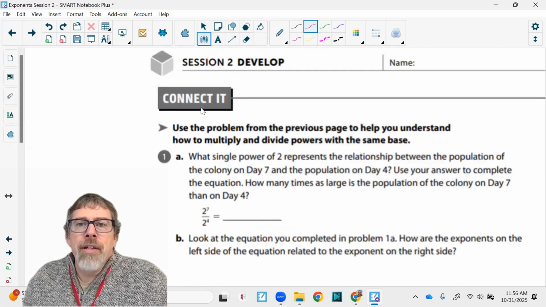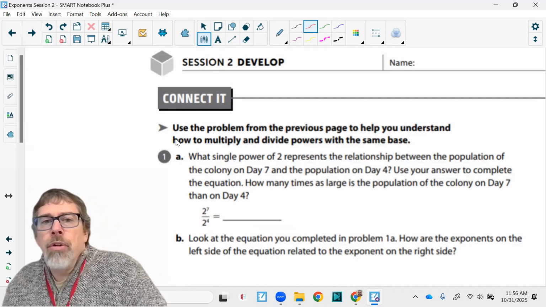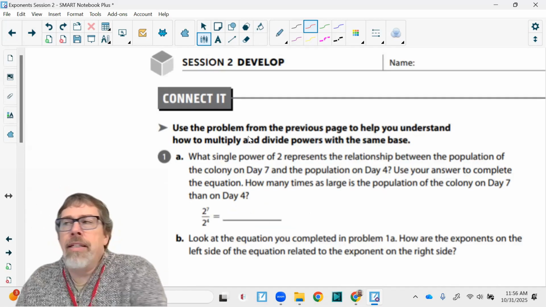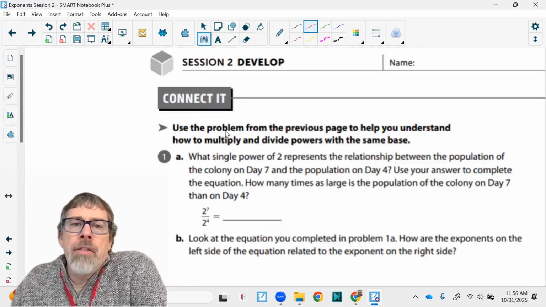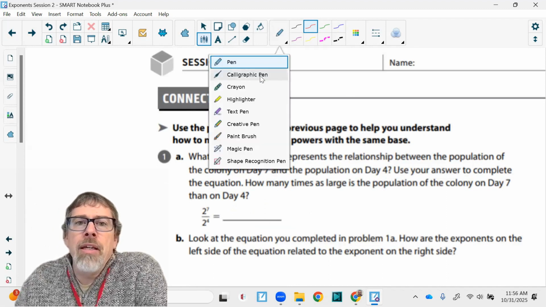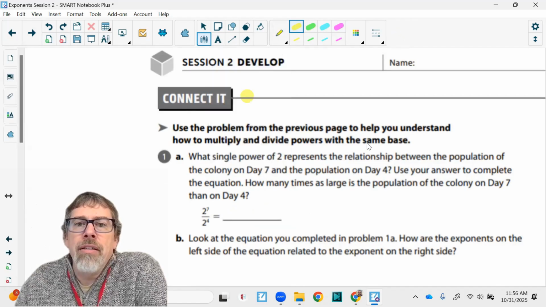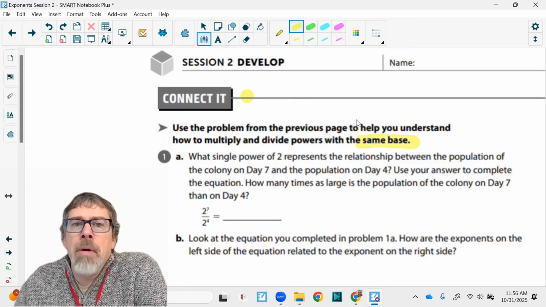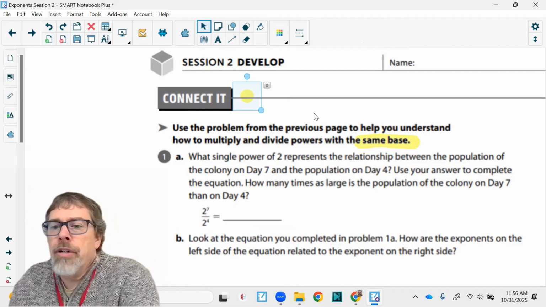So if I move up to the top here on page 2, or whatever page this is, 17, 18 in the book, it says, use the problem from the previous page to help you understand how to multiply and divide powers with the same base. But the thing is, they have to have the same base. That is a must, or this doesn't work.